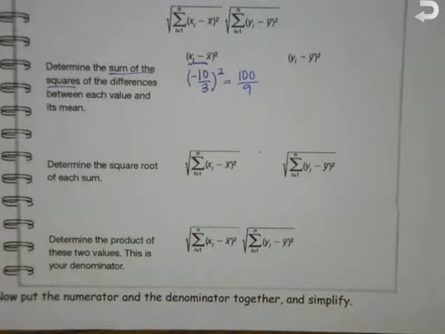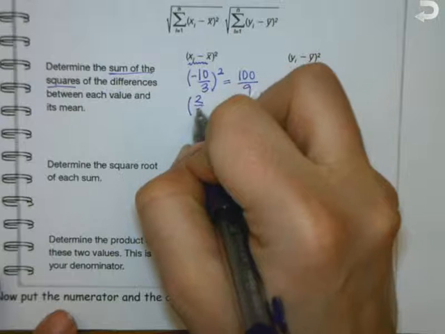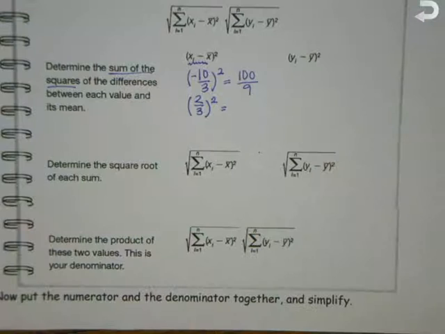Okay. And then let's do the next one, which would be 2 over 3 squared. So that's going to be what? 4 over 9.